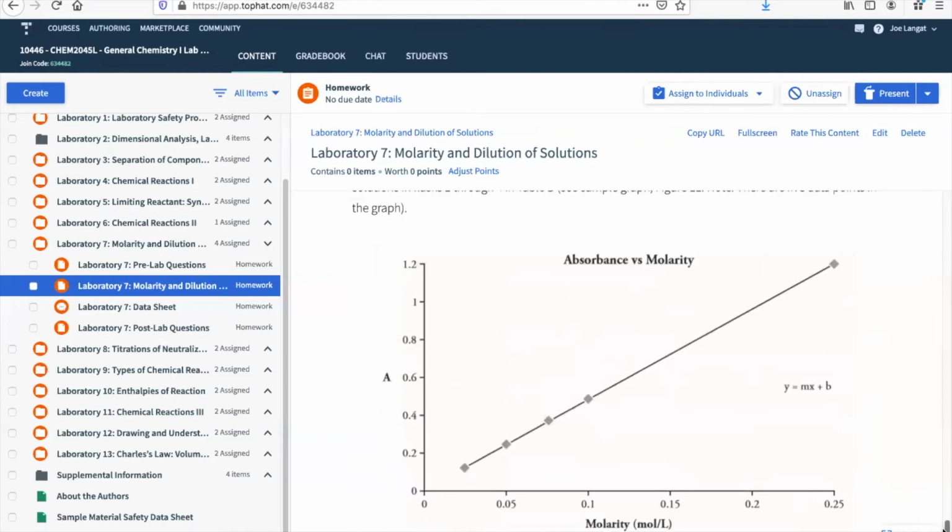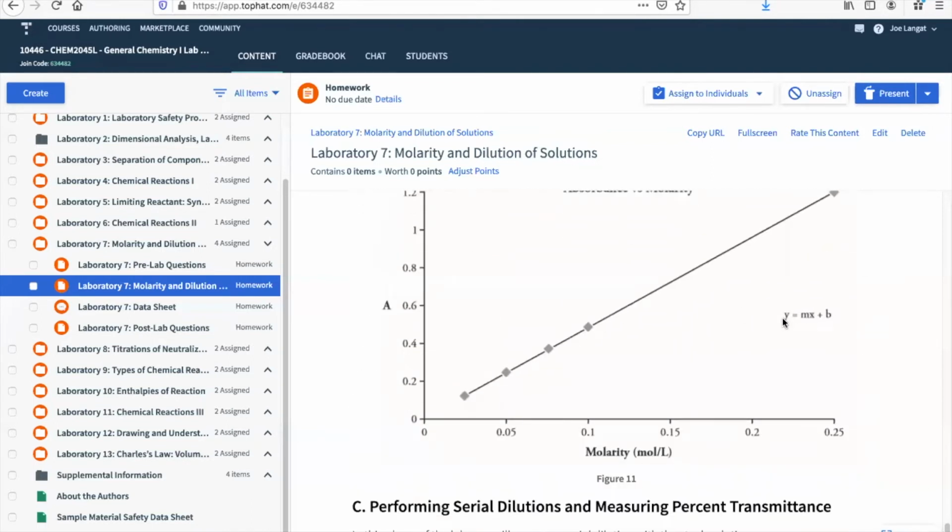When you generate this graph, y will be the absorbance, and m is the slope of the line. Understand what this means: this right here is absorbance, on the y-axis.